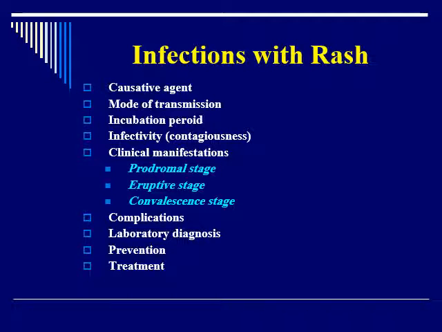We may shortly discuss the complications and how to investigate a case. Most of the exanthematous fevers can be diagnosed on clinical basis, and we will mention the prevention and the treatment. Most of the viral infections need symptomatic treatment and treatment of complications.